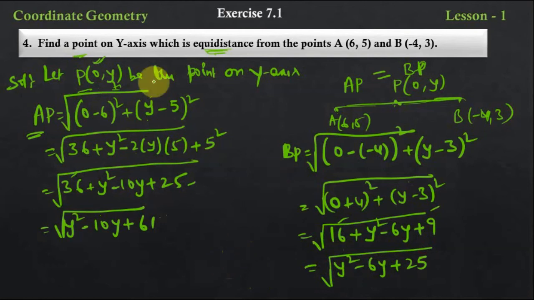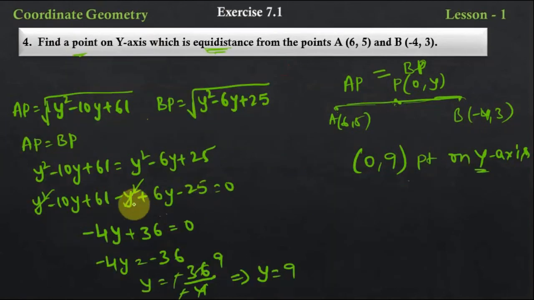So according to the question, these two points are equidistant from this point P, which means the distance AP is equal to the distance BP. So we'll equate these two and solve and find the value of y. Chalo, let me rub this first. Okay, see here, see what is the value of AP I got here.